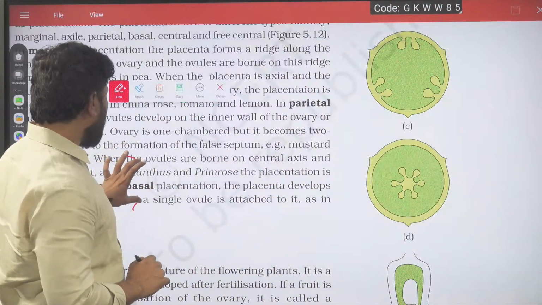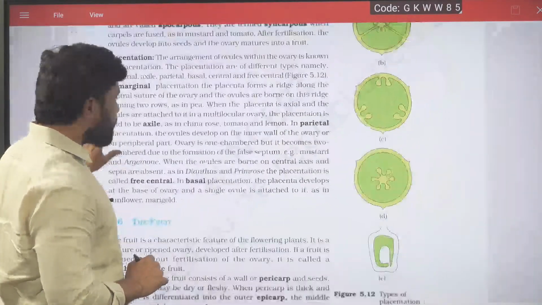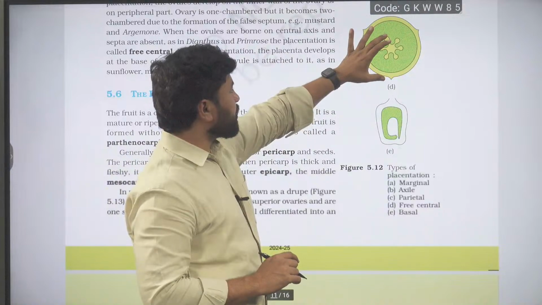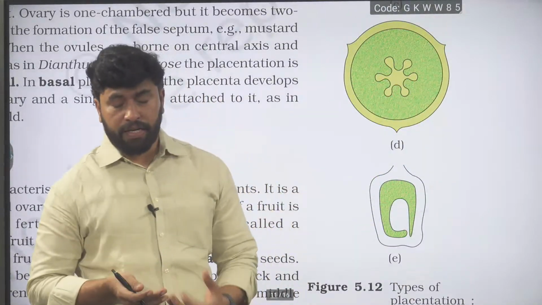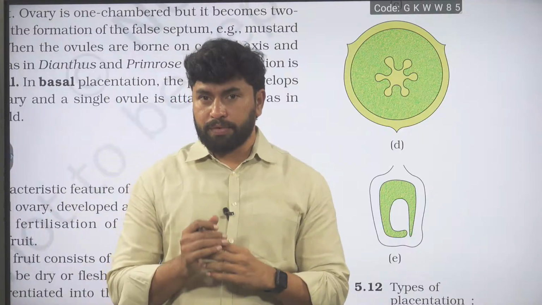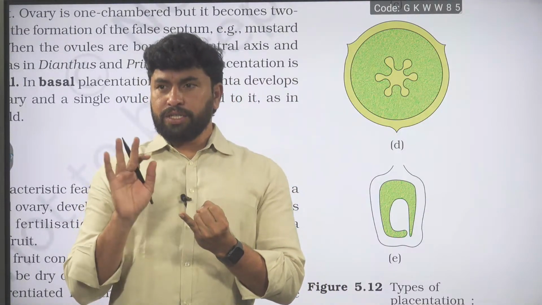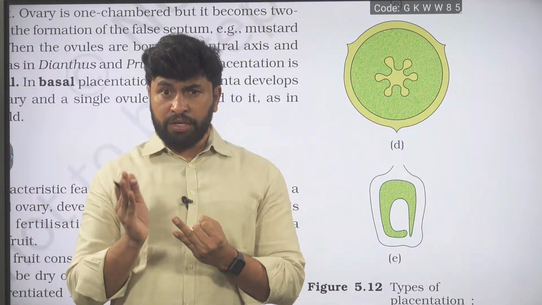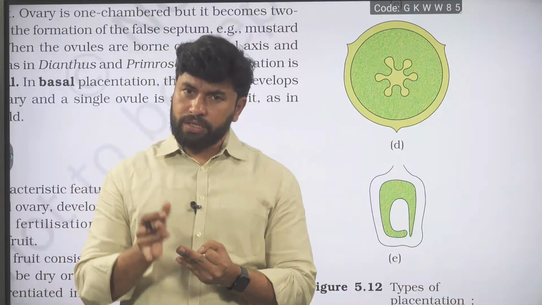In free central placentation, we can see that Dianthus and primrose have it. Remember, so far: marginal placentation is unilocular, parietal placentation is initially unilocular and later bilocular, free central placentation is unilocular.